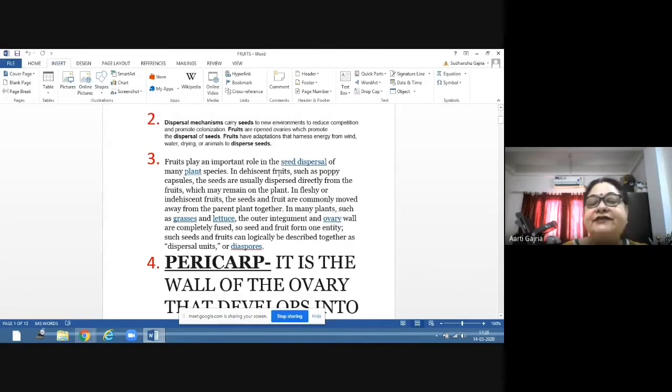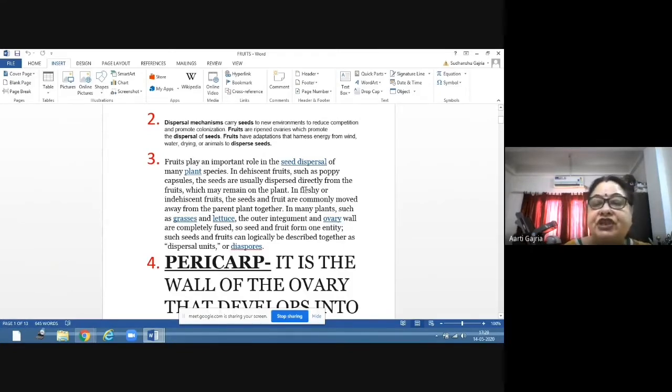Indehiscent fruits are mainly the fruits which are dry and which burst, such as poppy capsules. The seeds are usually dispersed directly from the fruits. When the fruit dehisces or bursts open, the seeds are directly dispersed, and they remain on the plant only.